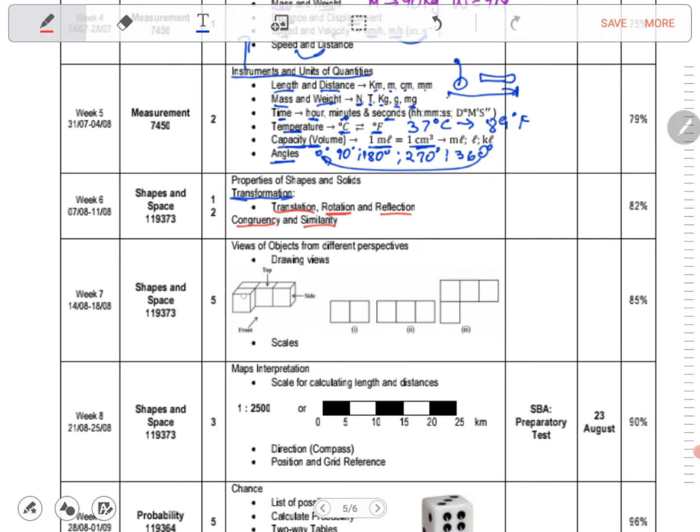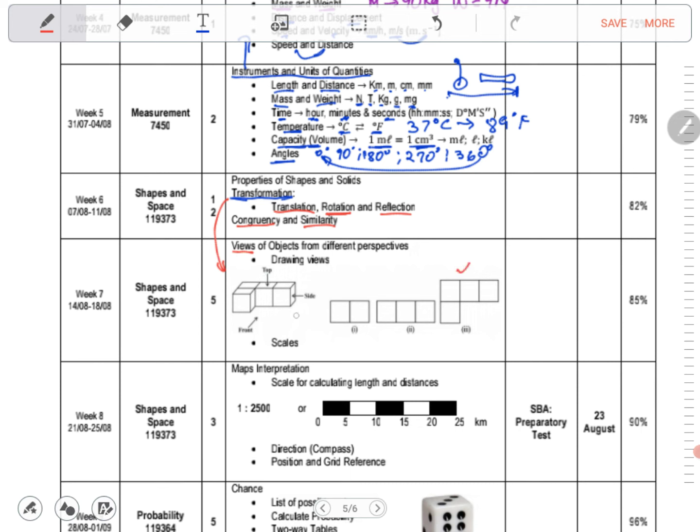And then in terms of space again, shapes and space, we deal with views of an object, and generally they work together. From transformation you can go into views. All right, so we deal with views, how you view an object from different perspectives. So if you are viewing it from the top, this is what you will see.